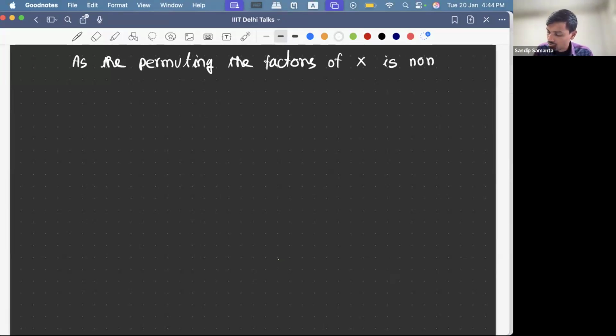That's the permuting of the factors of X. It's a homeomorphism first of all.